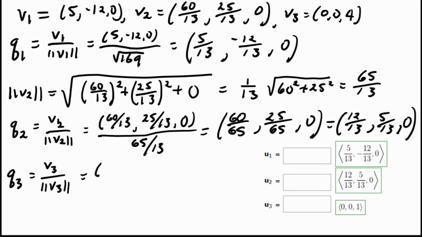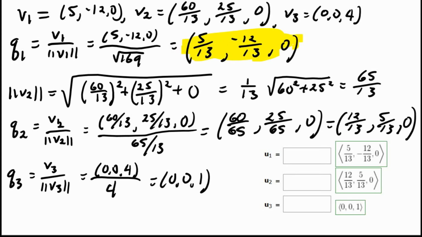So v sub 3 is (0, 0, 4) divided by its norm, which is 4, so this is just (0, 0, 1). And I think we have them. Q sub 1 we get here, that's the same thing there. Q sub 2 here, and that's the same thing there. And Q sub 3 is here, and that's the same thing there.